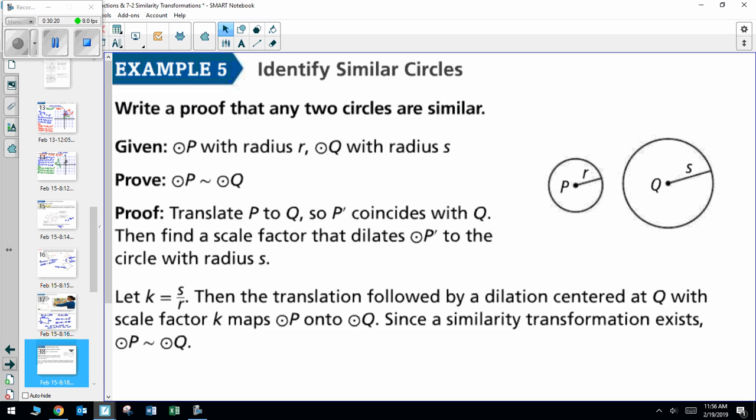So to do so, we could translate one circle onto the other so that the centers overlap, then find a scale factor that stretches the one circle onto the other, okay, is what this is saying. Does that make sense? All circles are similar because you can map a circle onto another circle and stretch it to become the same size as the other.